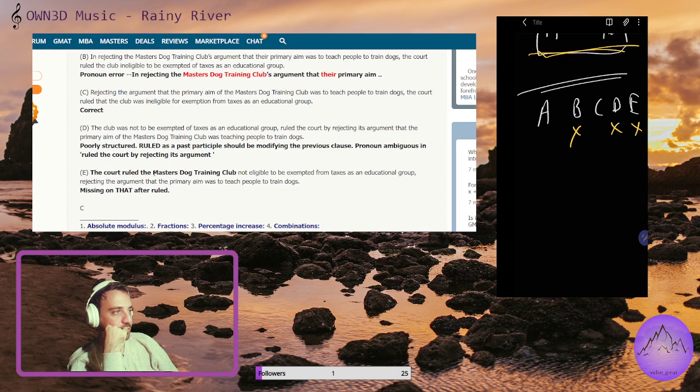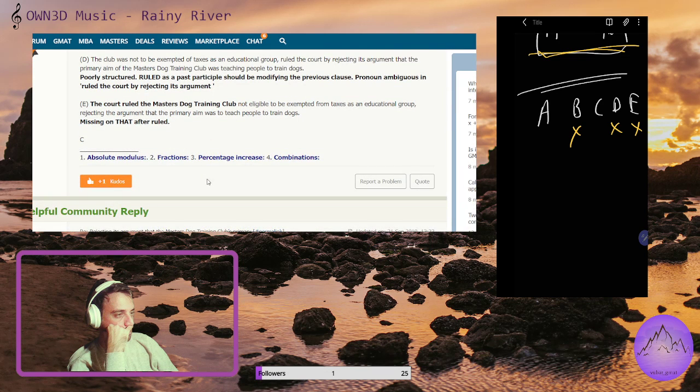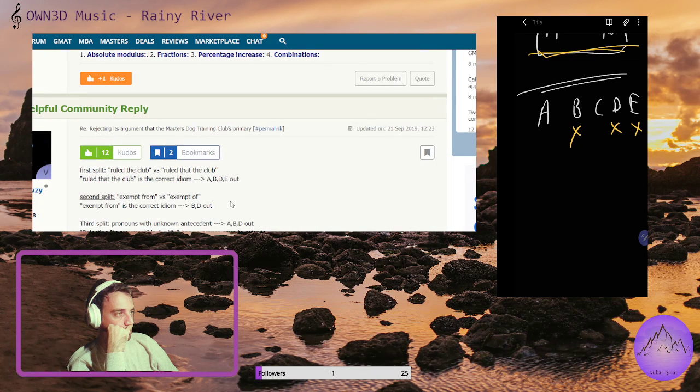The court ruled that the Master's Dog Training Club was ineligible to be exempted from taxes as an educational group. So exempt from versus exempt of.